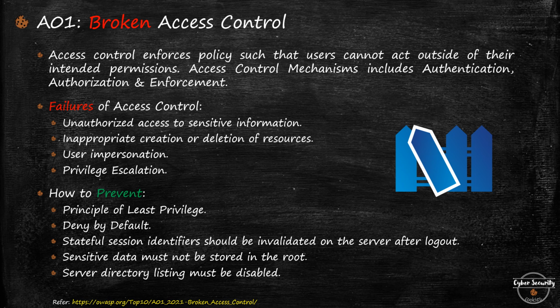Within access control, there are three mechanisms. First is authentication, the initial step in the access control process that verifies a user's identity through things like passwords, biometrics, multi-factor authentication. Then comes authorization, that comes after authentication. Once the user is verified, authorization defines what actions or operations the authenticated user is allowed to perform.